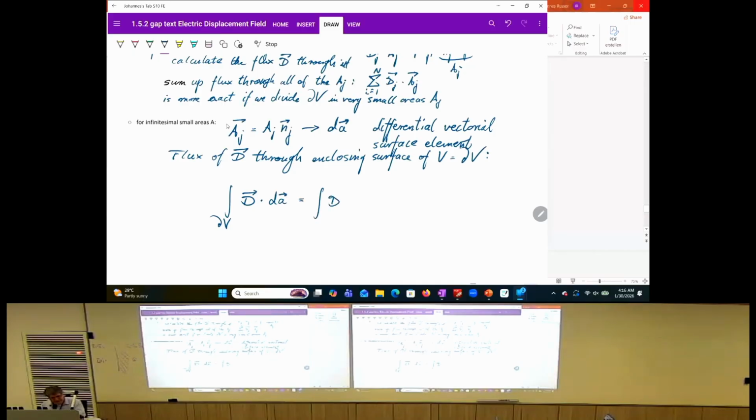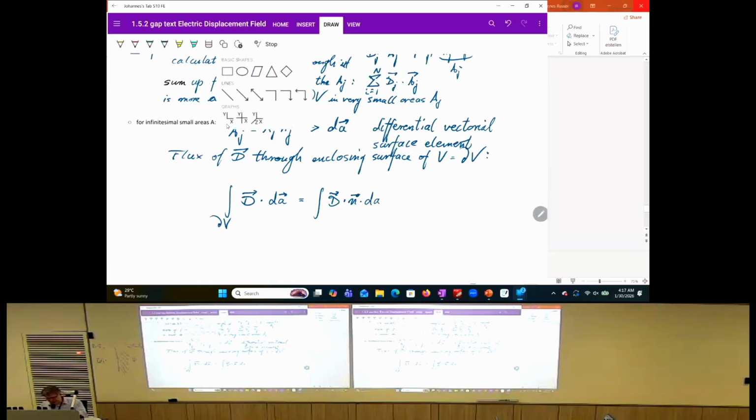You can also write that, you see we have on the left hand side the vectorial surface element, and on the right hand side just the surface element, but the vectorial aspect is given here with this normal vector to that surface element.